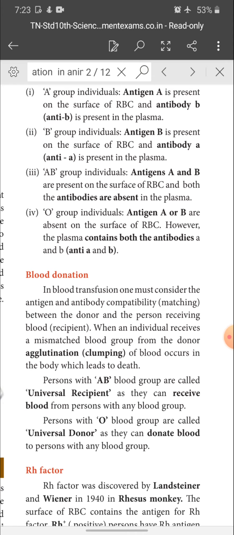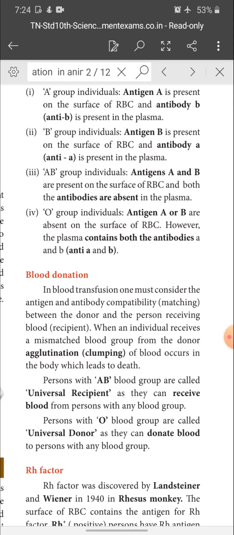When an individual receives a mismatched blood group from the donor, agglutination of blood occurs in the body, which leads to death. A person with AB blood group is called a universal recipient, and can receive blood from a person with any blood group. In the same way, a person with O blood group is called a universal donor, as they can donate blood to a person with any blood group.